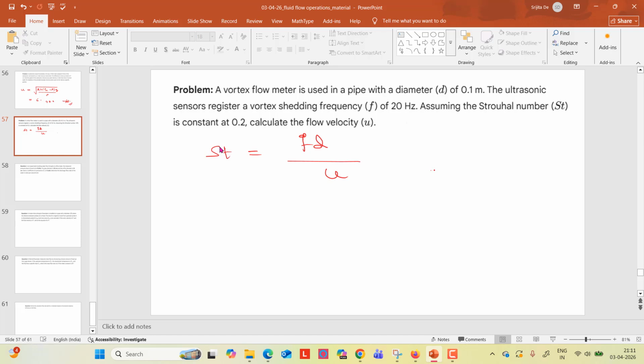So now you can calculate U. U equals Fd by St. So everything is given. 0.1 into 20 by 0.2. So it is 10 meter per second.